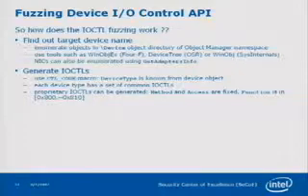The proprietary IO control codes can be generated fairly cheaply. Method and access fields are almost fixed. They have 1, 2, or sometimes, very rarely, 3 values. Function is within the range of 800.